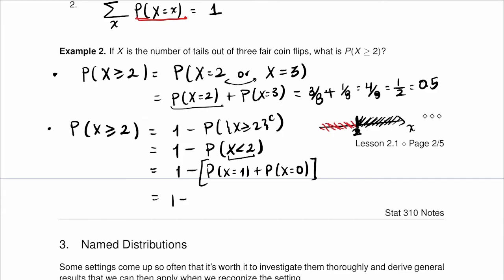And this is 1 minus 3 over 8 plus 1 over 8. This is 1 minus 4 over 8, which is 1 over 2, 0.5. So we can solve the problem either directly or using the complement. In some cases, using the complement is easier, so you have to keep that in mind.